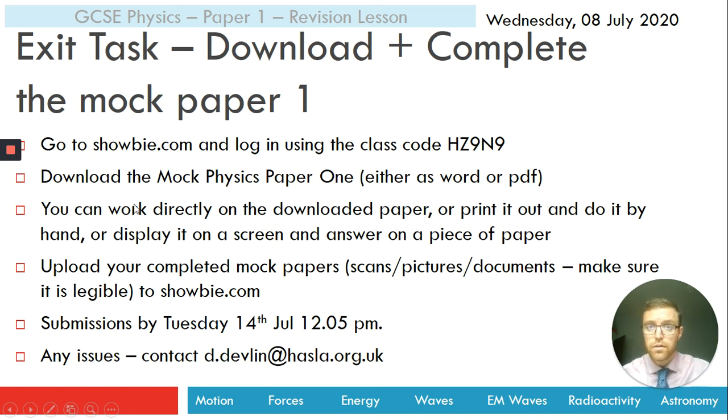Now, you can work on that however you prefer. You can either work directly on the downloaded Word document, and actually write in the answers on your computer. You can also, if you download it as a PDF, print it out on paper and then complete it by hand. Or if you don't have access to a printer or a word processor, you can display it on a screen and just answer the questions on a piece of paper.